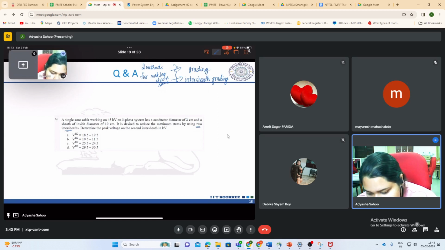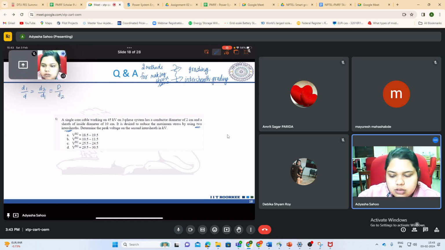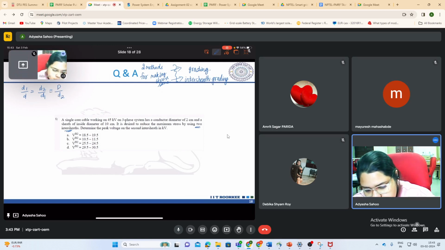So here we know for intersheath, we have the use of two intersheaths. So we make these ratios equal, right? So let's say this ratio is equal to some alpha.